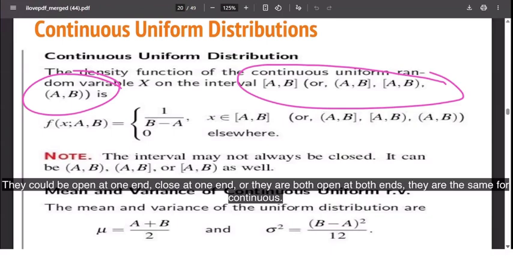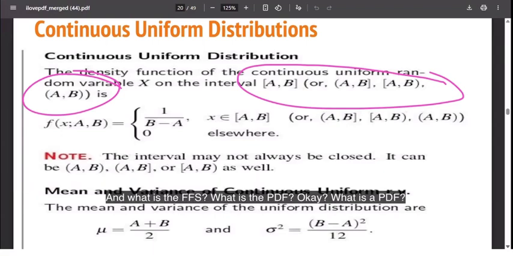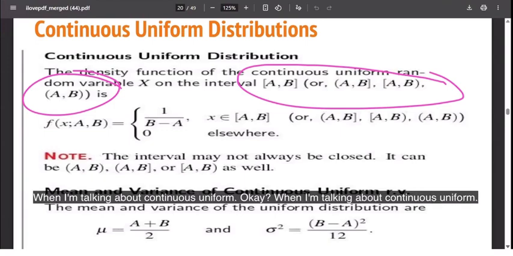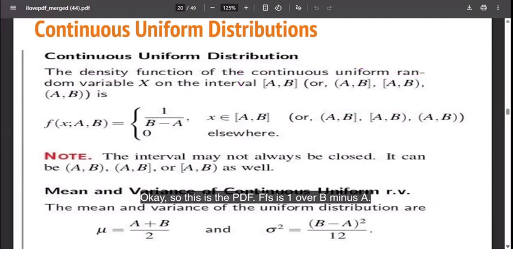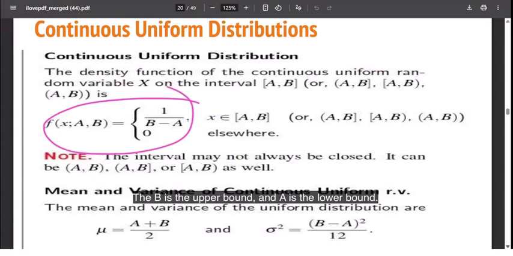They are the same for continuous. And what is the PDF? When I'm talking about continuous uniform, this is the PDF. f of x is 1 over b minus a, where b is the upper bound and a is the lower bound.